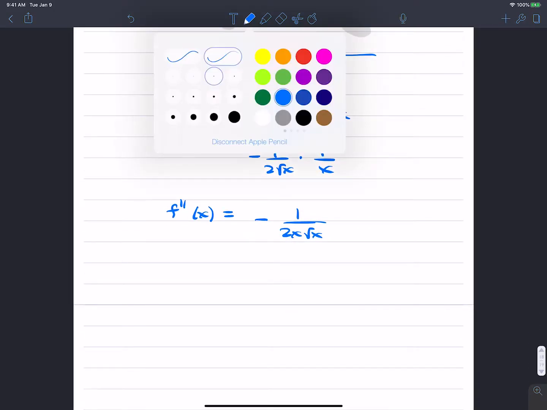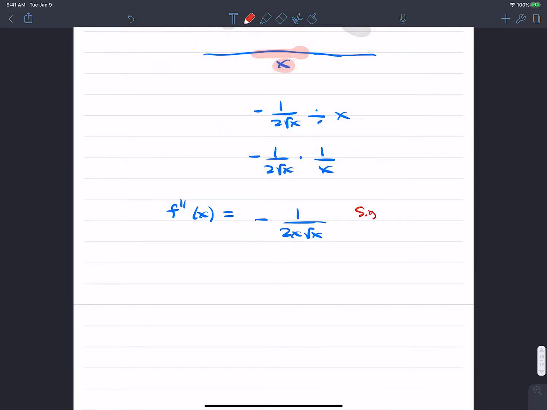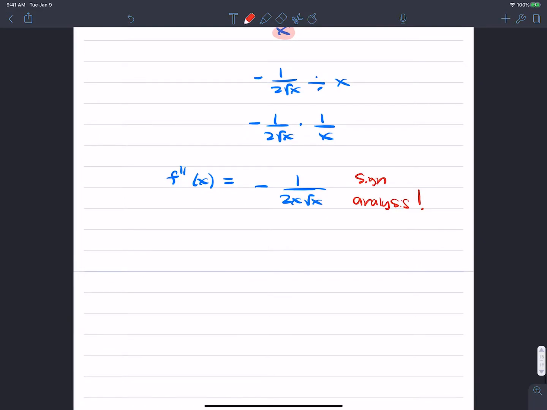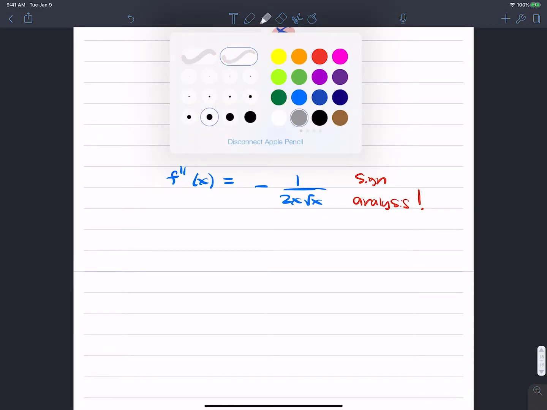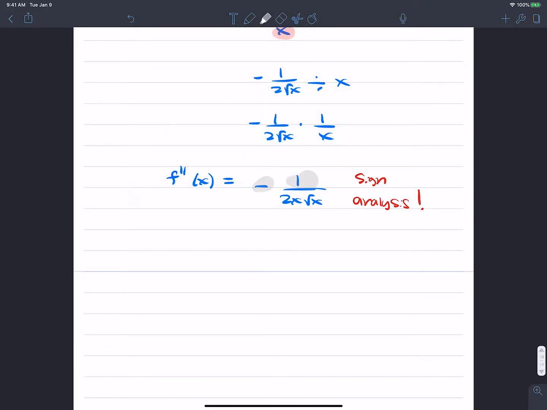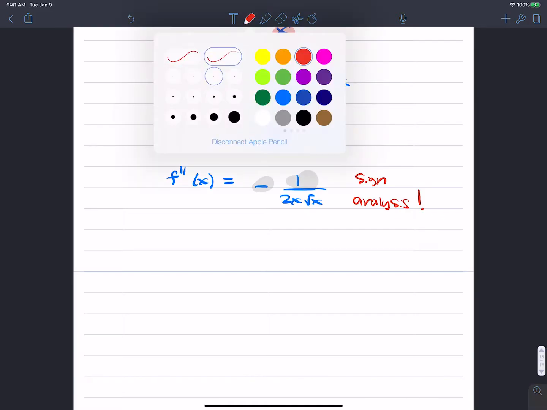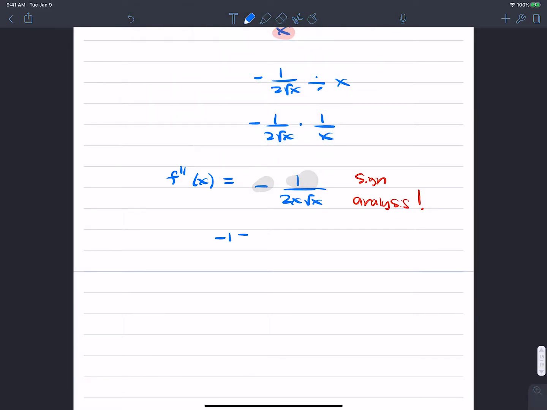Now, we have to do the sign analysis. So by sign analysis now, again, we have to find where this numerator equals 0. I'm going to bring the negative sign up there. So I say, oh, negative 1 is 0. This never happens.